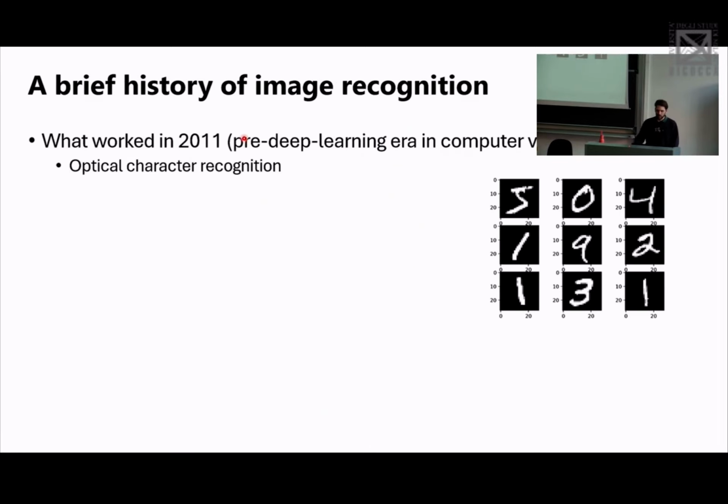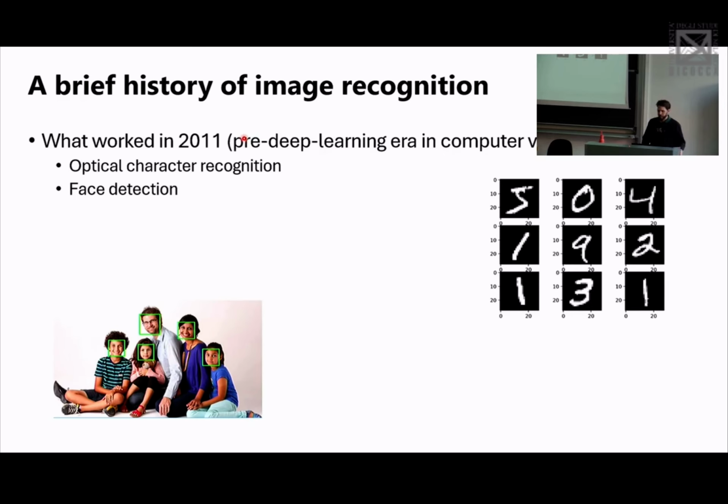Let's do a super quick history of image recognition, what worked before deep learning. In 2011, we had optical character recognition that worked pretty well, recognizing numbers and letters. Face detection, which means detecting where a face is or if a face is present.